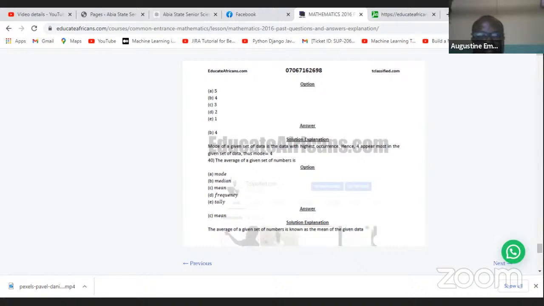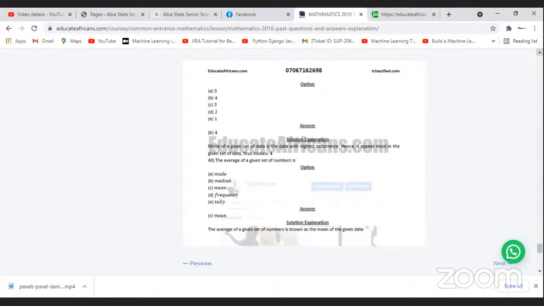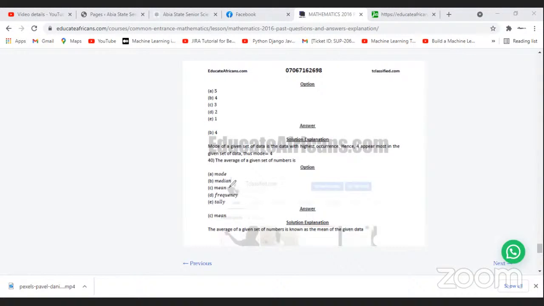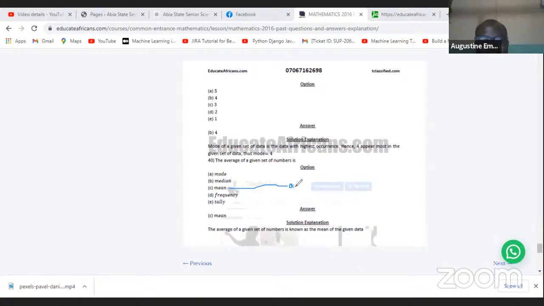Mona, can you tell me the answer to this? The average of a given set of numbers is... the mode of a given set of data is the data with highest occurrence. Hence, 4 appears the most.